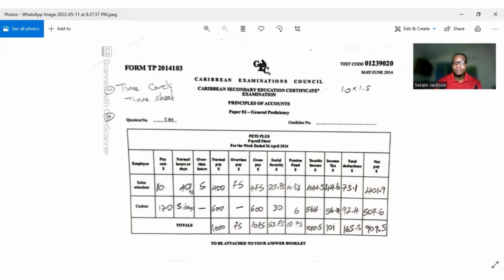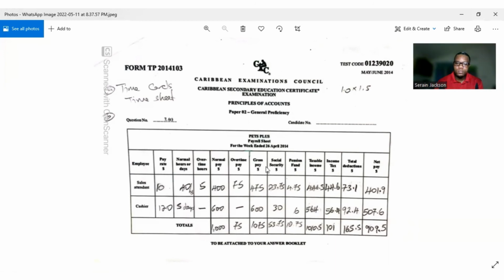So you would add both these two figures, the $23.75 plus the $4.75, and subtract it from the 475, and you would get $446.50, right? And that's the taxable income. Likewise, for the cashier, it would be $600 minus $36, which would give you the $564 here.